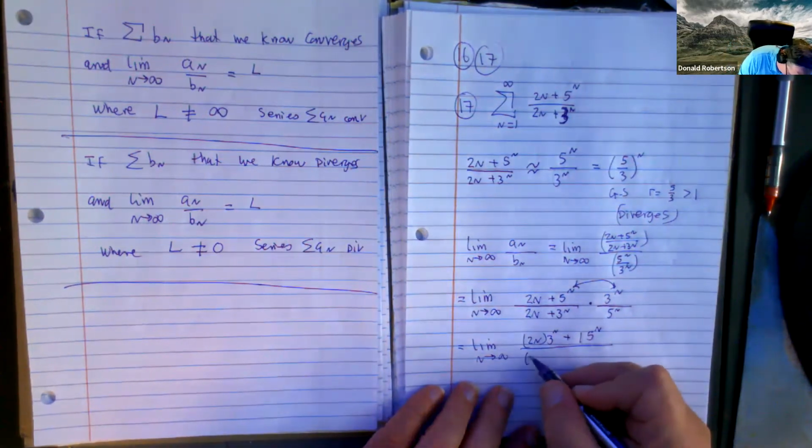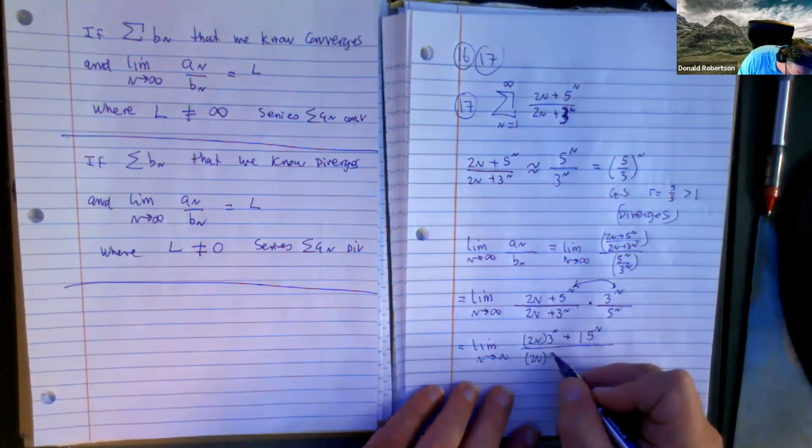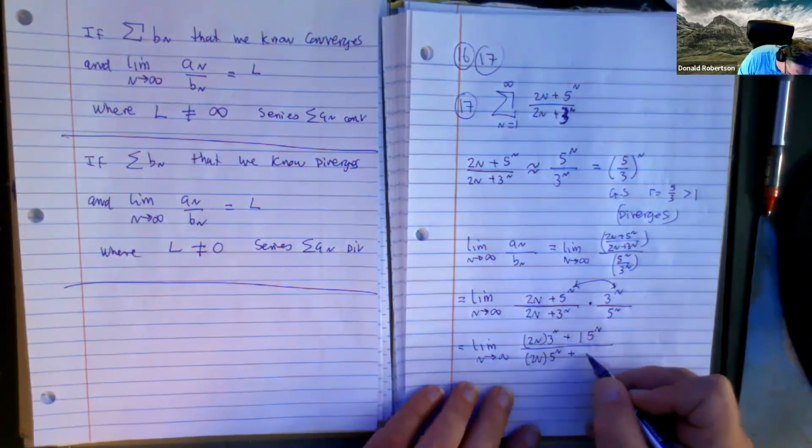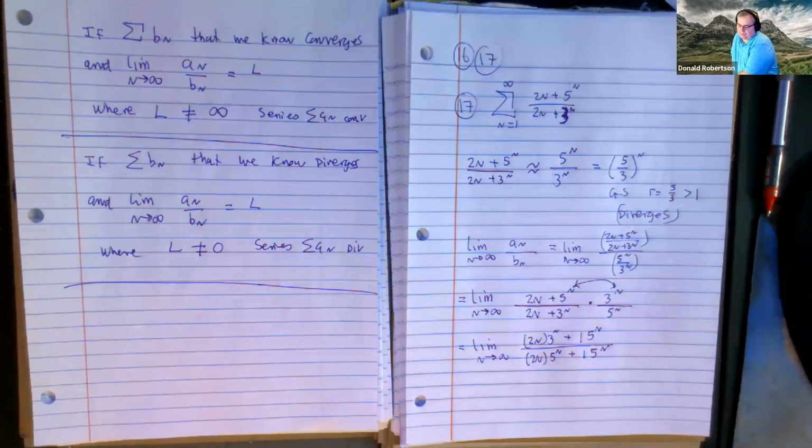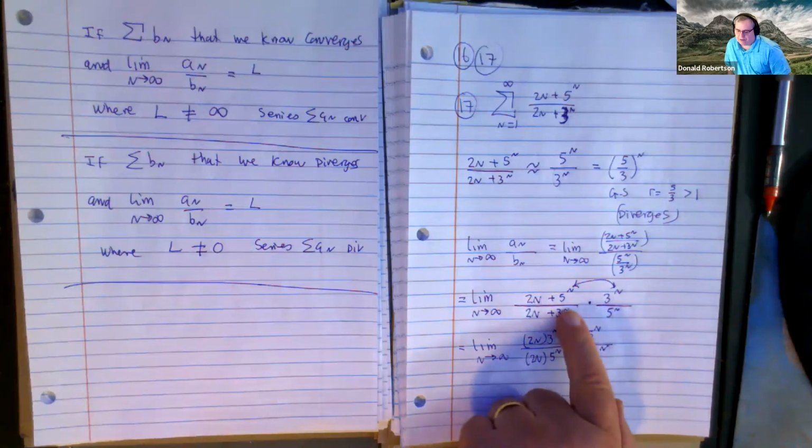And then if you do the other guy, it's 2n times 5 to the n plus 15 to the n. Right, that guy times that guy. Okay, we are going to take this guy and find out what the limit as n tends to infinity is. And this is not pretty. You could try L'Hopital. Don't. It doesn't go anywhere.